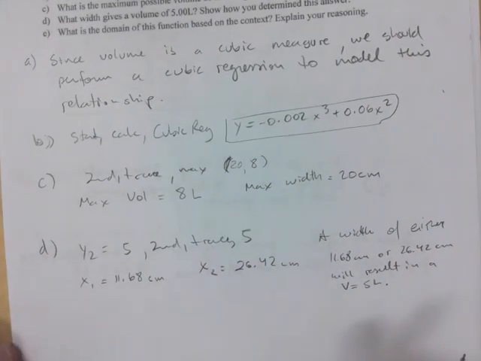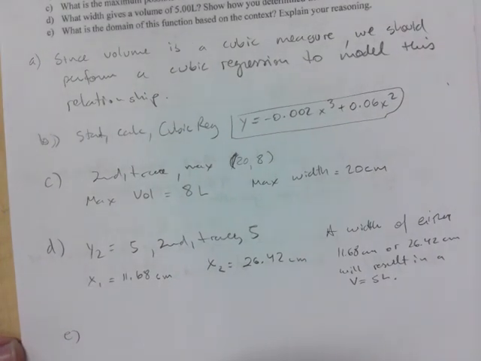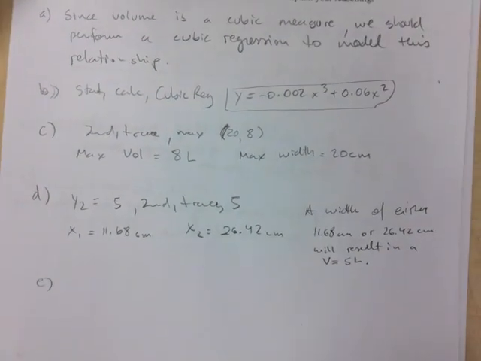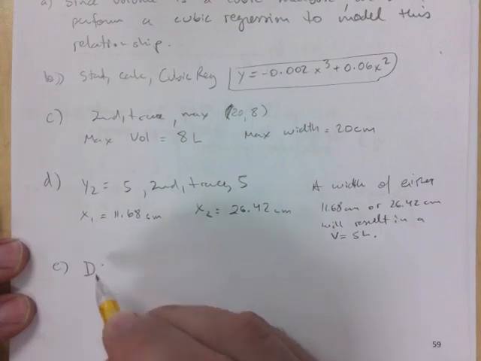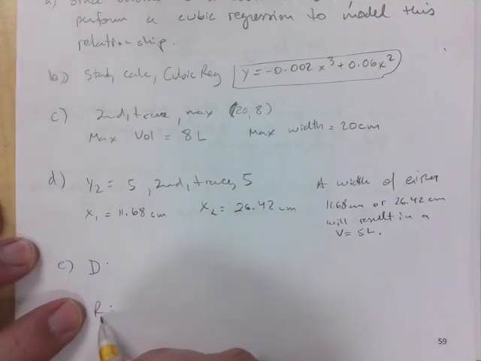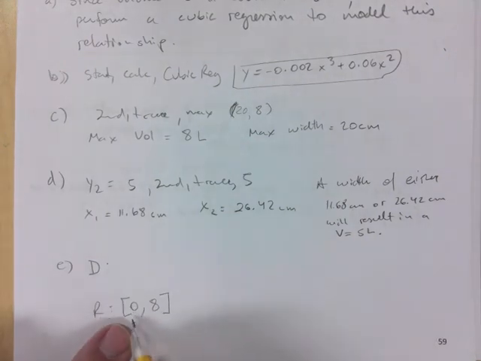Okay, there we go. E, what is the domain of this function based on this context? Explain your reasoning. So for volume, we would go for the domain and range. Range talks about the y value, so that would be a volume of 0 all the way to a volume of 8. And you might argue we should not include that as 0 because that would not be a box.